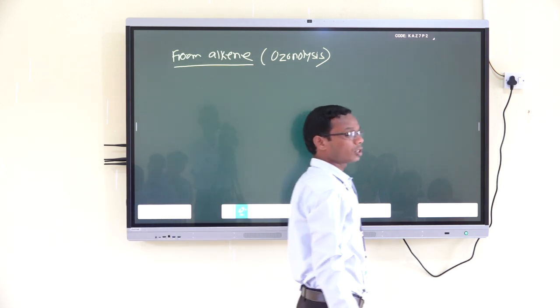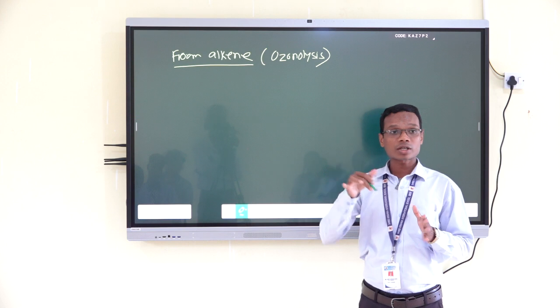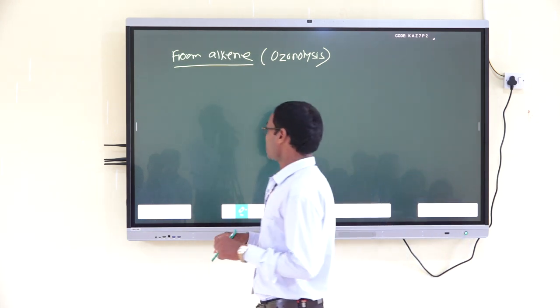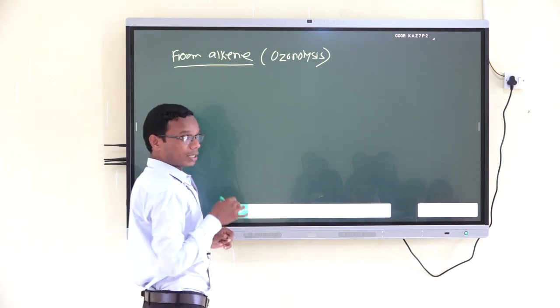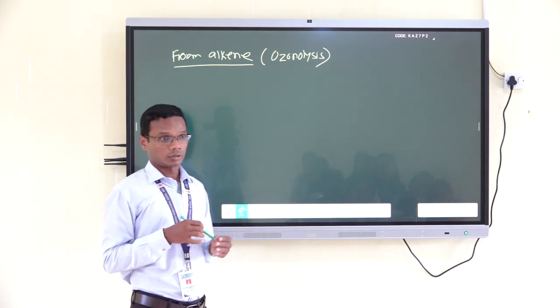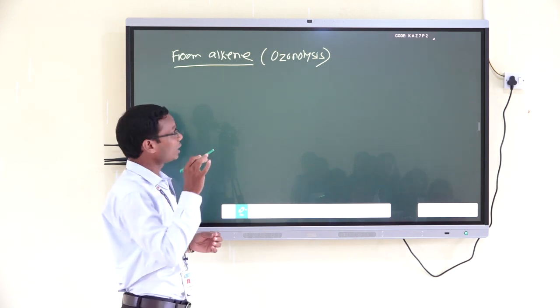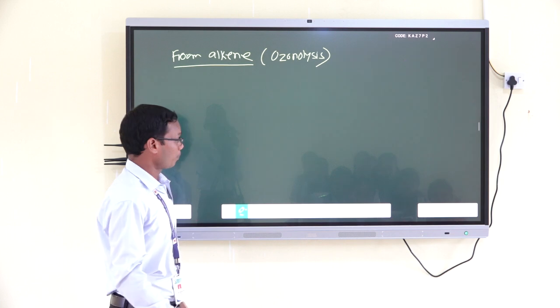What is the process of ozonolysis? Ozonolysis is the process of addition of ozone. What is ozone? That is O3. In this reaction, aldehyde or ketone is formed by reaction of ozone with alkene, that is, a hydrocarbon containing a double bond.